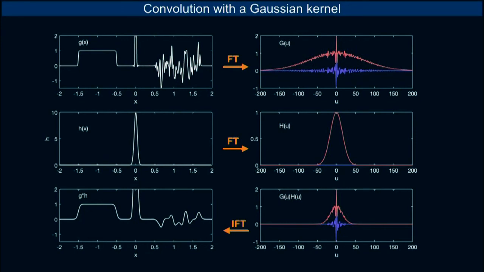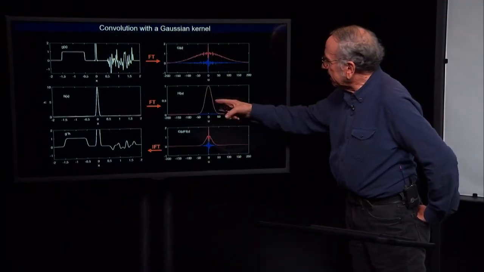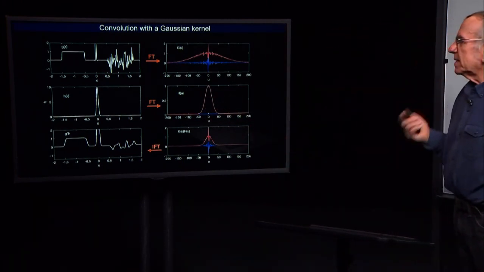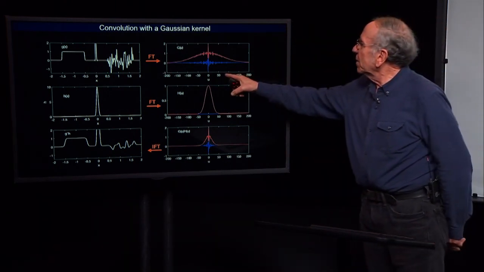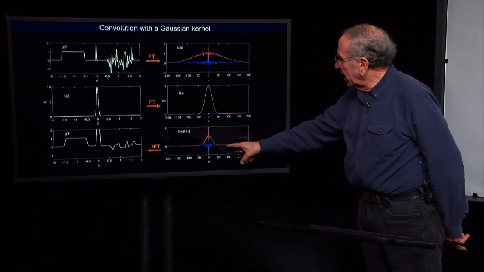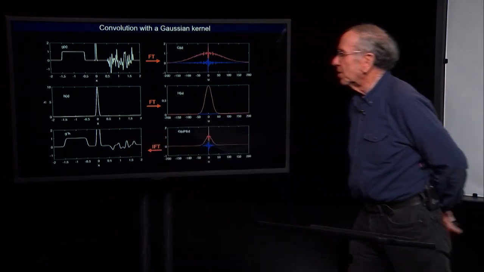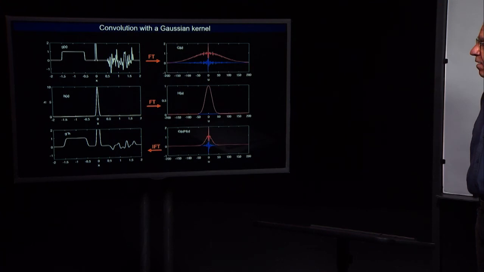So I just point by point multiply this by that, and I get this. You can see that the main effect of multiplying by this h of u is to dampen the higher frequencies, higher values of u, down to 0. And when I do the inverse Fourier transform, then I get the smoothed out values.